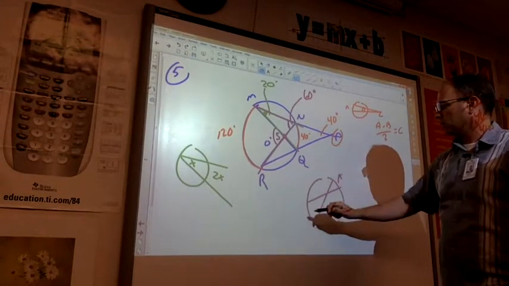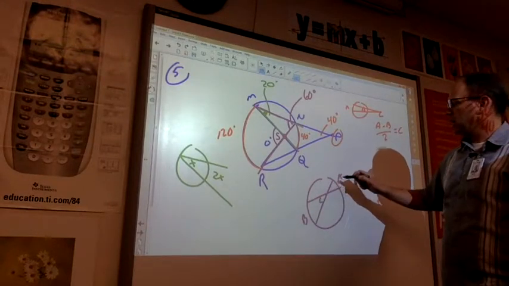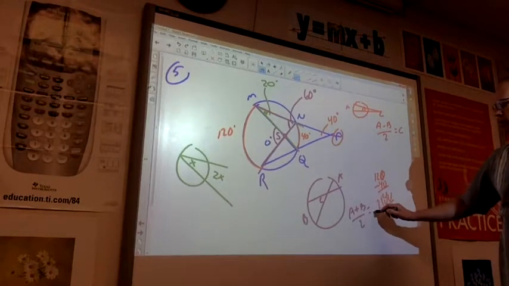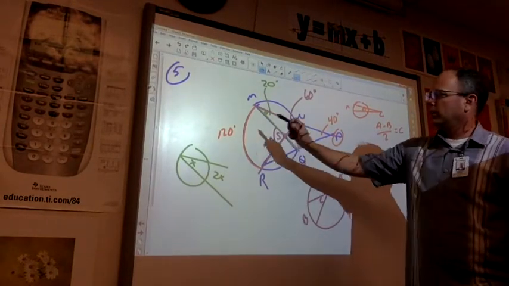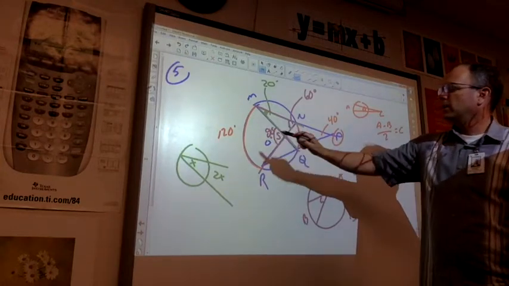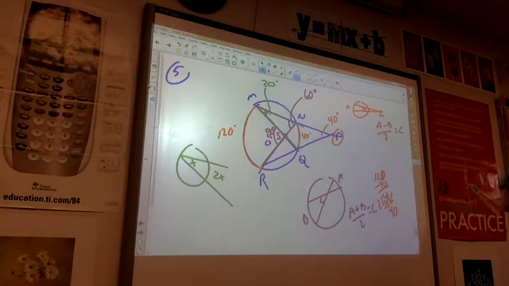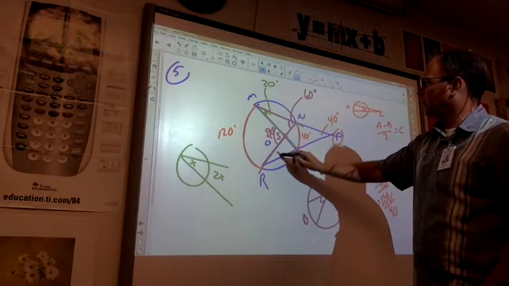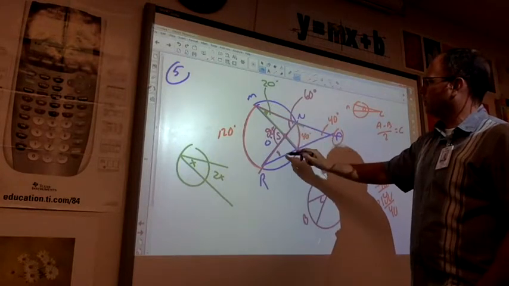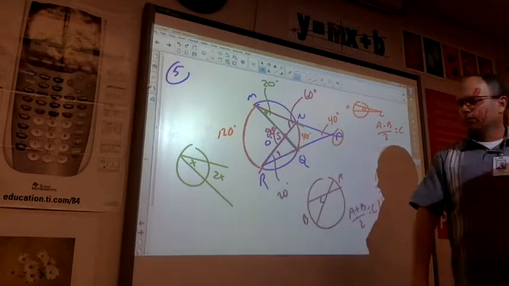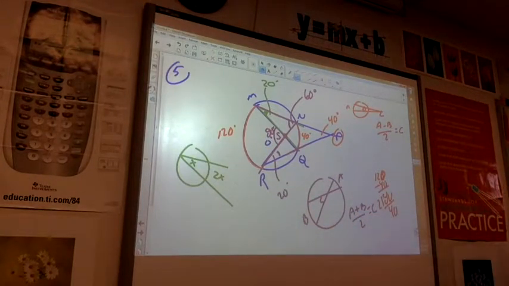If this is A and this is B and this is C, then A plus B divided by 2 is equal to C. So that's this plus this, that's 160 divided by 2. So this has to be 80. And then NRQ. So now we're looking at this angle here. This opens up to that angle, so that has to be half of that, so that has to be 20. And that's it on that.